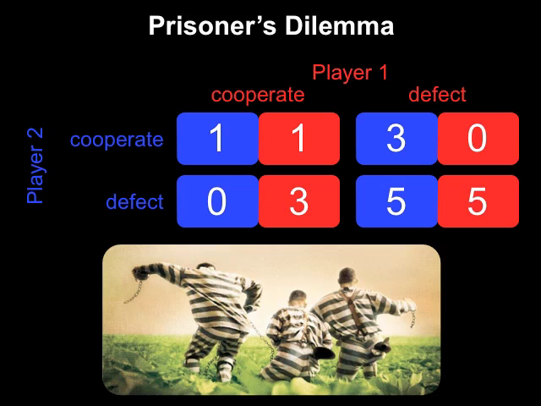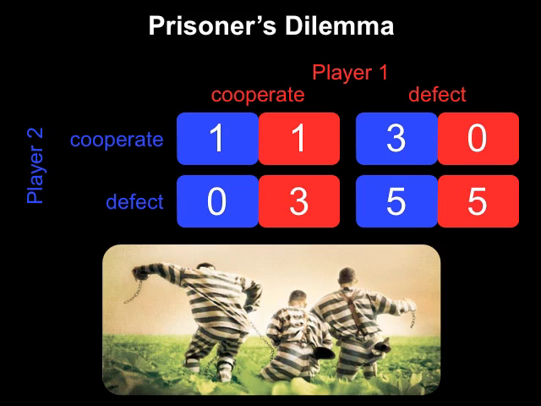They've done something wrong, and they're put in separate rooms and told, you can confess to the crime or not confess. If you cooperate with the other criminal, so if you don't confess because you and the other criminal have agreed beforehand that you're not going to confess, then if you both cooperate, you both get a year in jail.